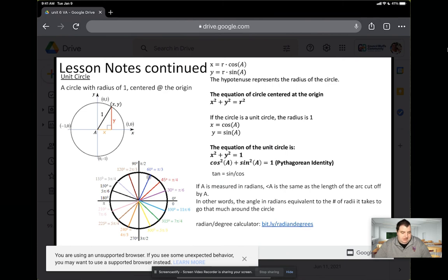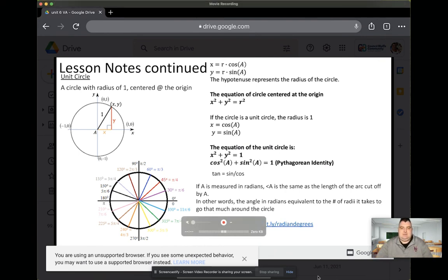So an angle of pi over 2 would mean that this arc, if it were a unit circle, is pi over 2 feet. This would be pi feet, and so on. So the angle in radians is always equal to the length of the arc, which is why going all the way around the circle is equal to 2 pi radians. Okay, so that is it for this lesson.